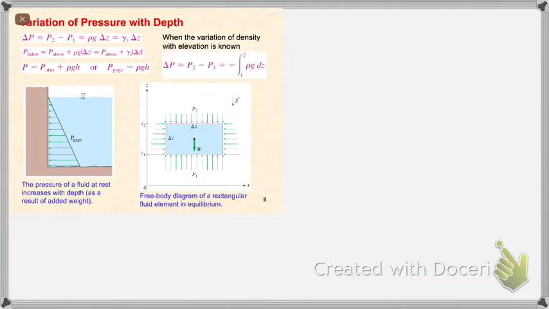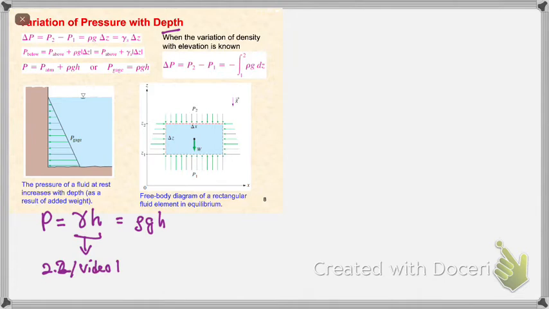Okay, pressure is not affected by the direction, but it's affected by the depth. So how do we know that? Because pressure is quantified as P equal to gamma H, in which gamma is equal to rho G. For this part, go back to section 2.2 or video 1 if you're not sure what gamma is.